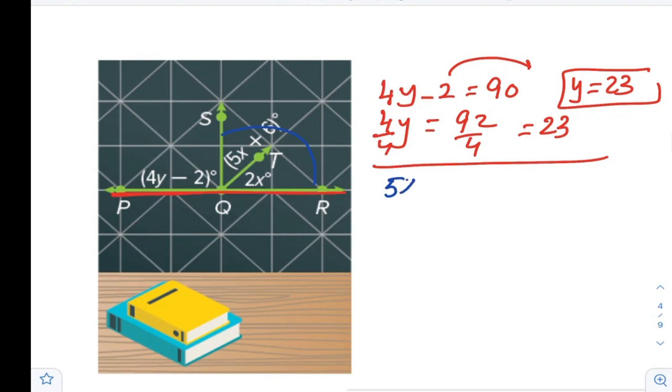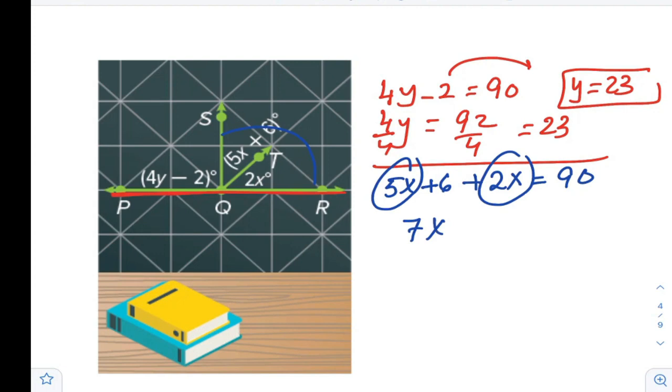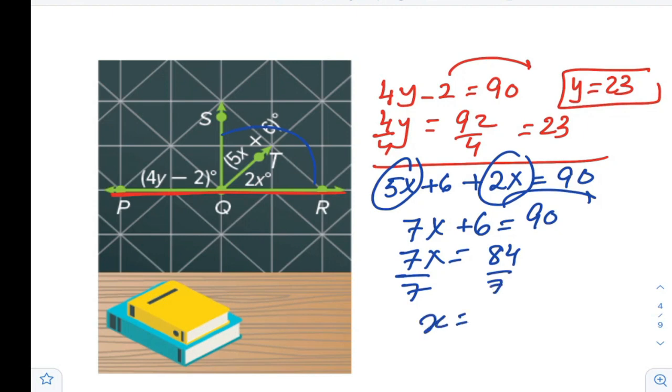So 5x plus 6 plus the other angle is 90. And now we can combine like terms. 5x plus 2x, 7x. 7x is 90 minus 6. And when you divide, x is 12.